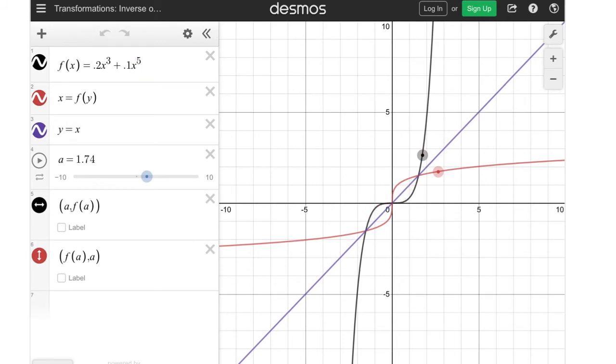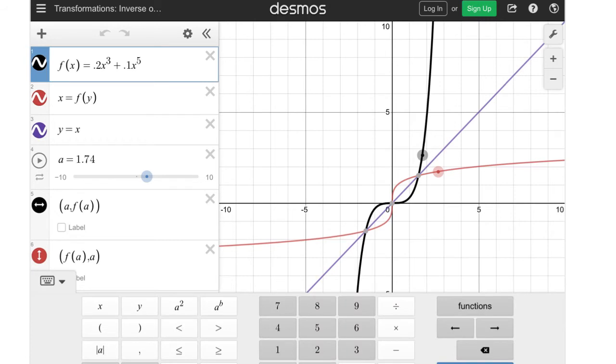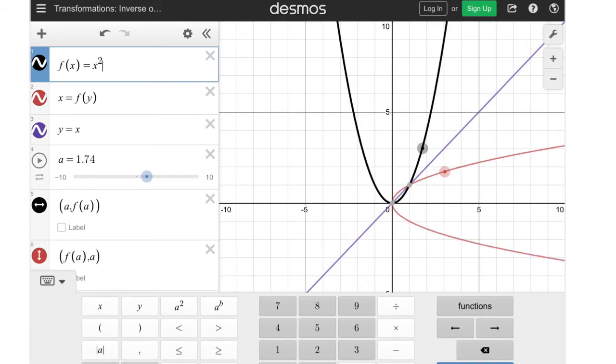And the red line is the inverse function. And we can see that they are reflections in the line y equals x. And we can change this function to y equals x squared. And we can see the black line is the quadratic graph, and the red graph is the inverse function because they're reflections in the line y equals x.